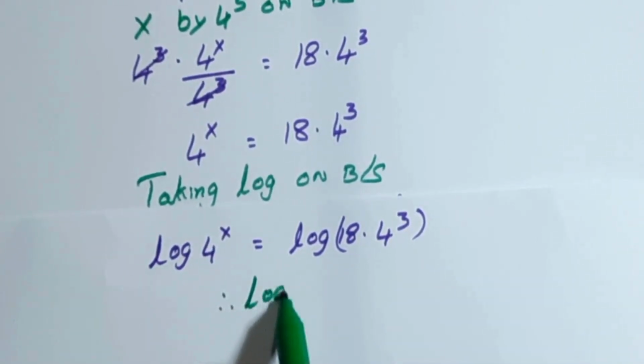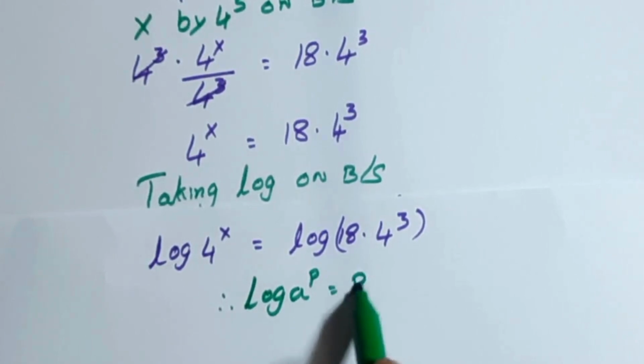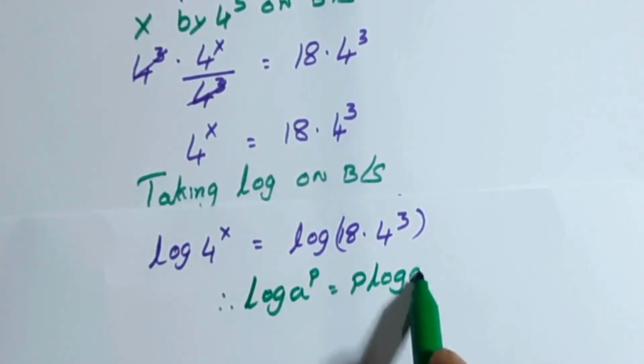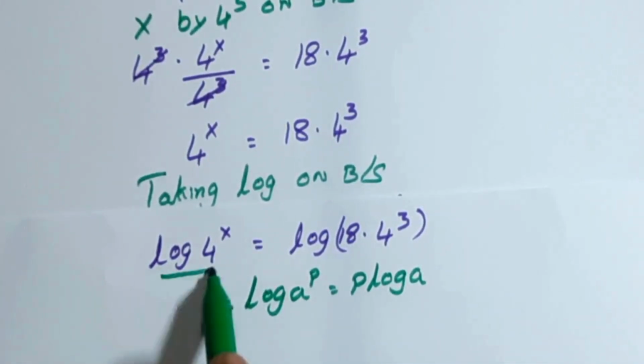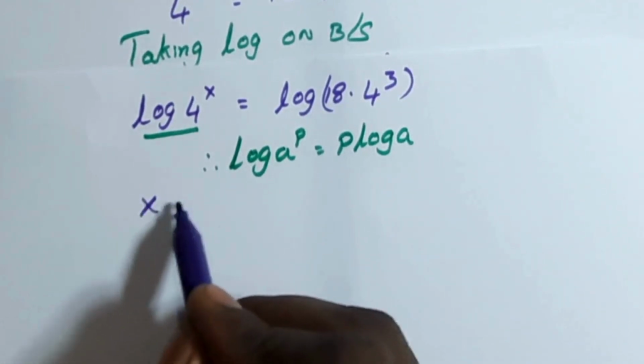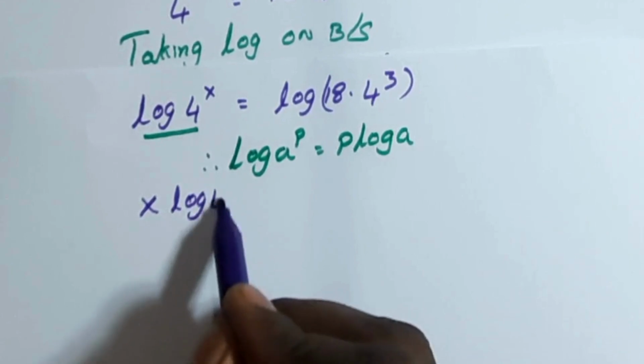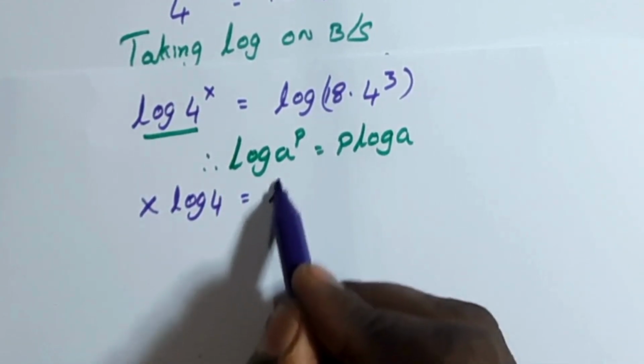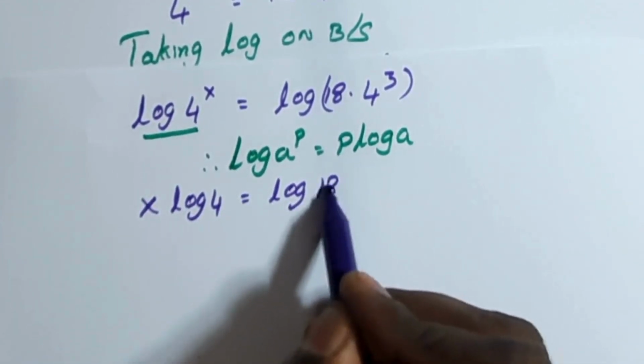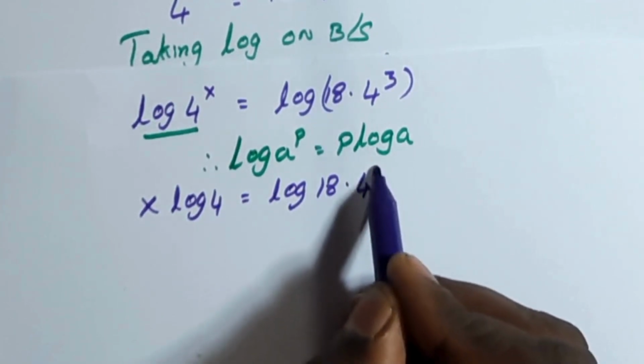Therefore log a power p equal to p log a. This we are going to implement here. X log 4 equal to log 18 into 4 power 3.